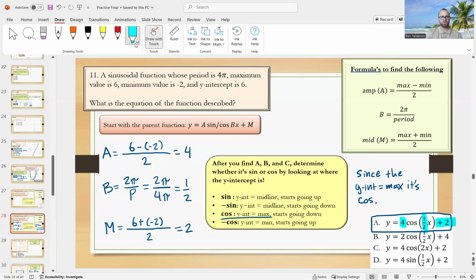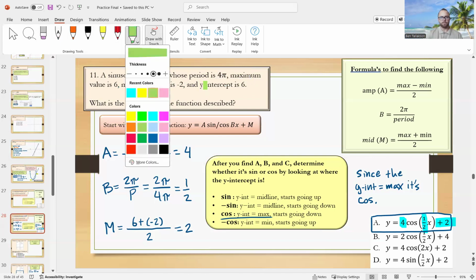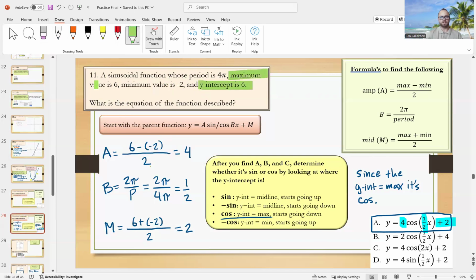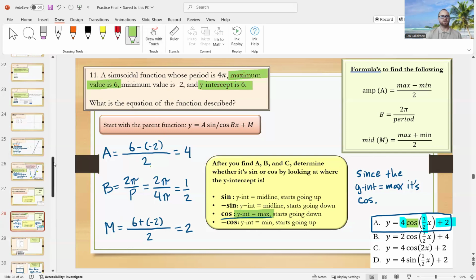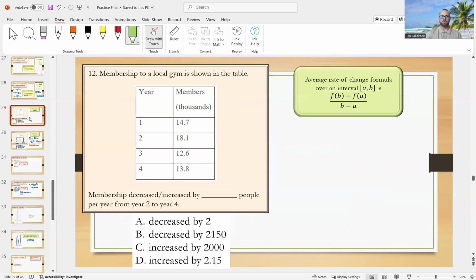They also told us the max is 6. That is all the information we need. If the y-intercept is the same as the max, it's a positive cosine equation. And that's number 11. Moving on to 12.